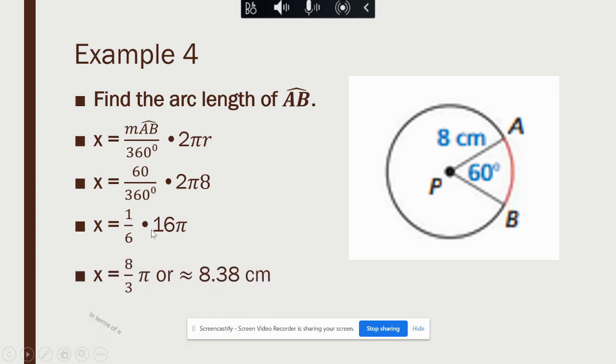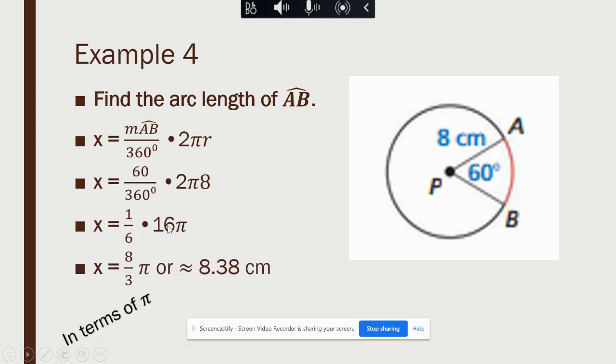And then we can multiply 1/6 times 16, reduce your fraction, and you get 8/3 pi. So our answer in terms of pi is 8/3 pi. Or you can multiply all of this in your calculator: 1 divided by 6 times 16 times pi, or 3.14, and you get 8.38 centimeters.